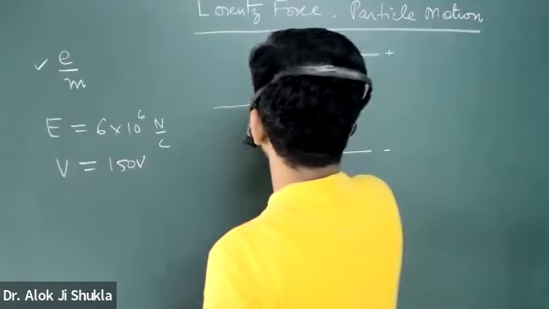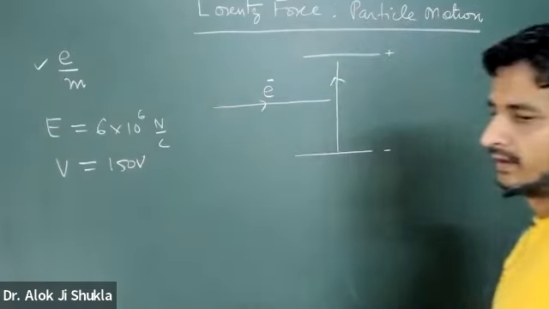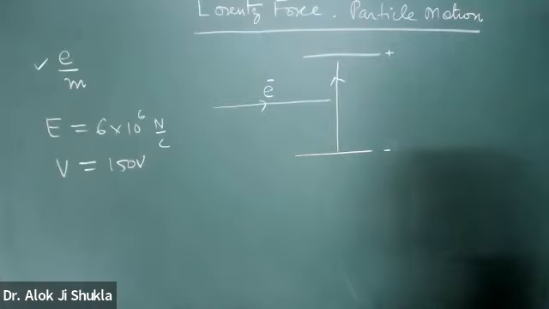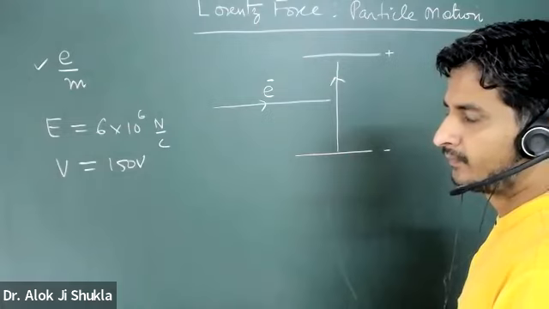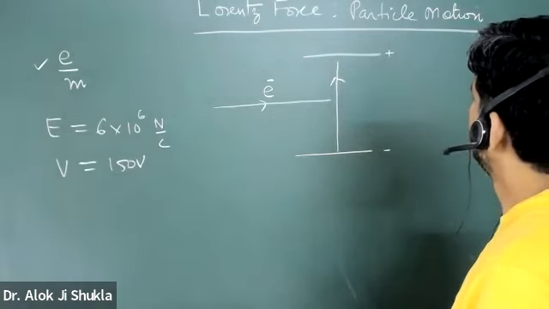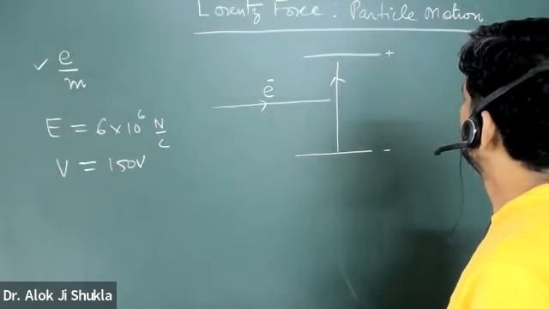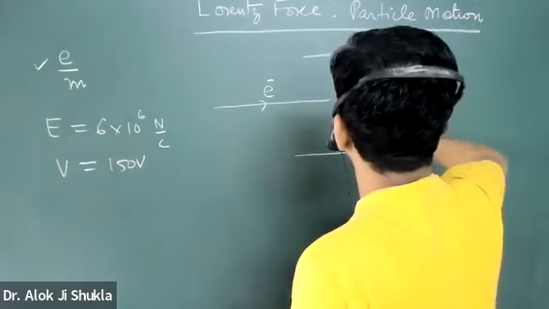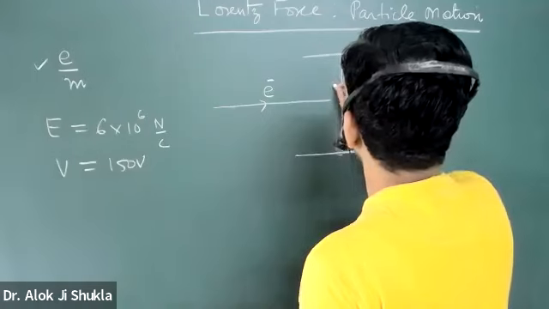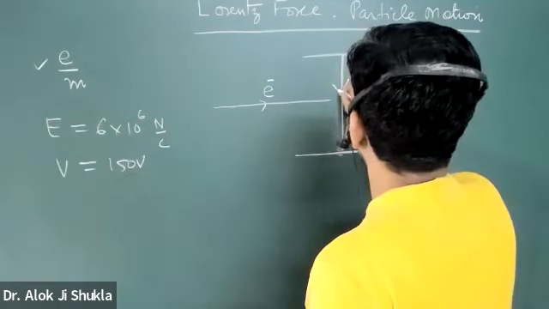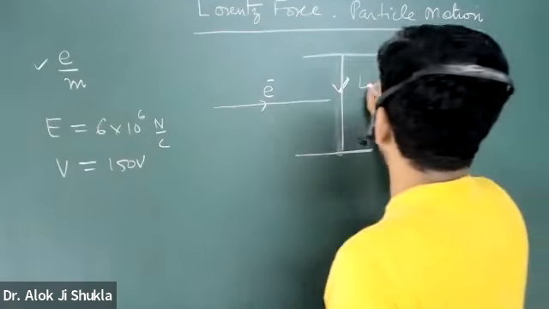This is electron beam. Now electron beam, electric field positive to negative, towards the decreasing potential. So this is the electric field.